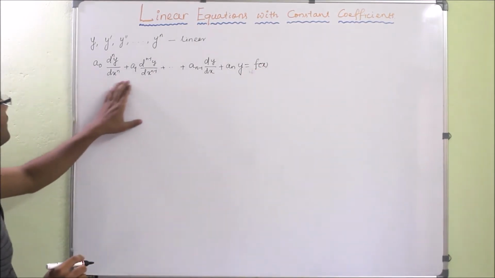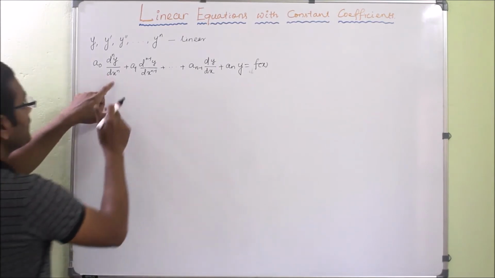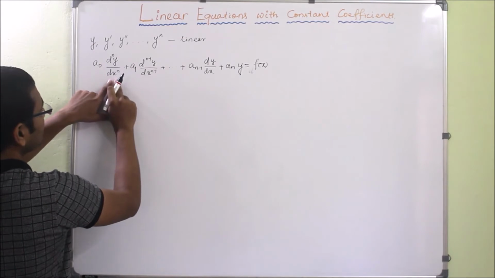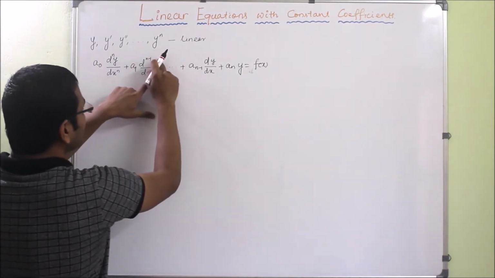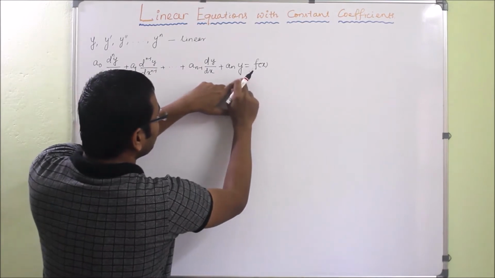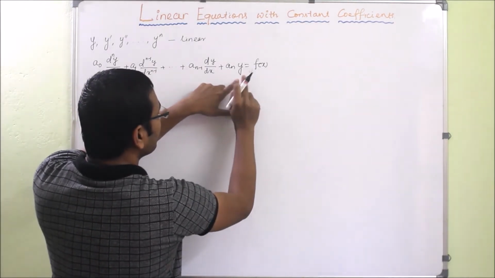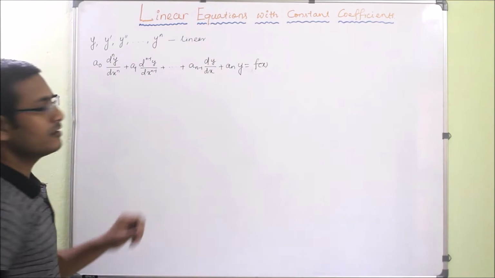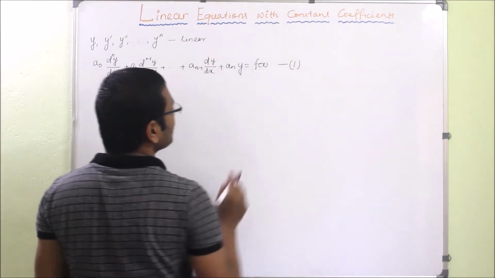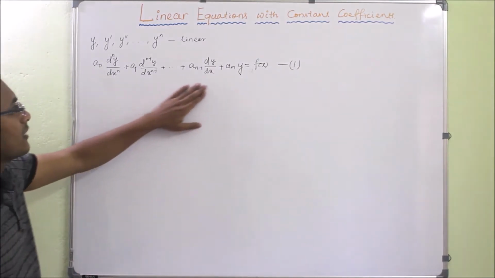This is said to be linear because here the power of the nth derivative will be 1, the power of the (n-1)th derivative will be 1, and for all the derivatives and the dependent variable, the power will be 1. That's why it is called linear. So if I write this as equation 1, then we will see how to proceed.